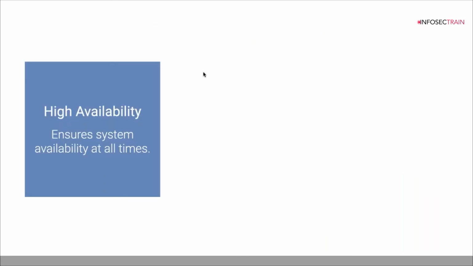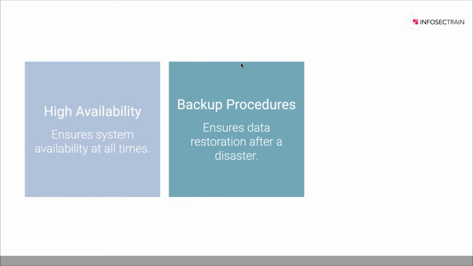Okay, so just to give you an idea, one of the things we could do is look into high availability systems and fault tolerant systems, avoiding any single point of failure, having redundant systems in place, so that if one system fails, you can always use the other one. Having backup procedures. Okay, so the backup is again very important.